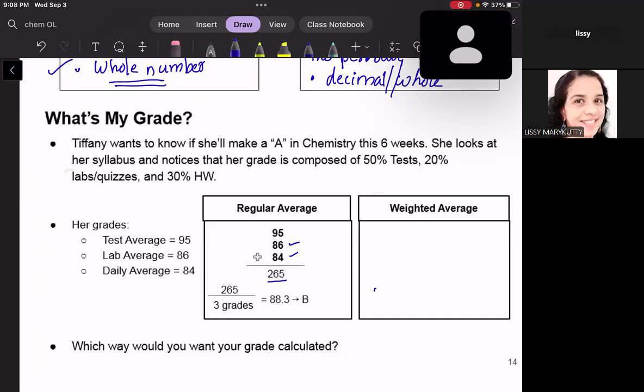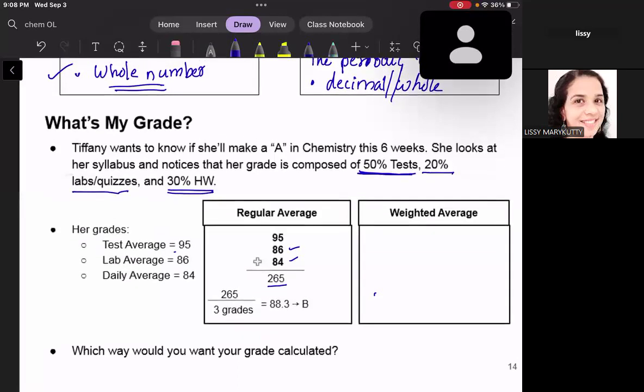As per the syllabus, 50% of the grade will be from tests, 20% from labs and quizzes, and 30% from homework. She scored an average of 95 on her tests, her lab average is 86, and her homework average is 84.